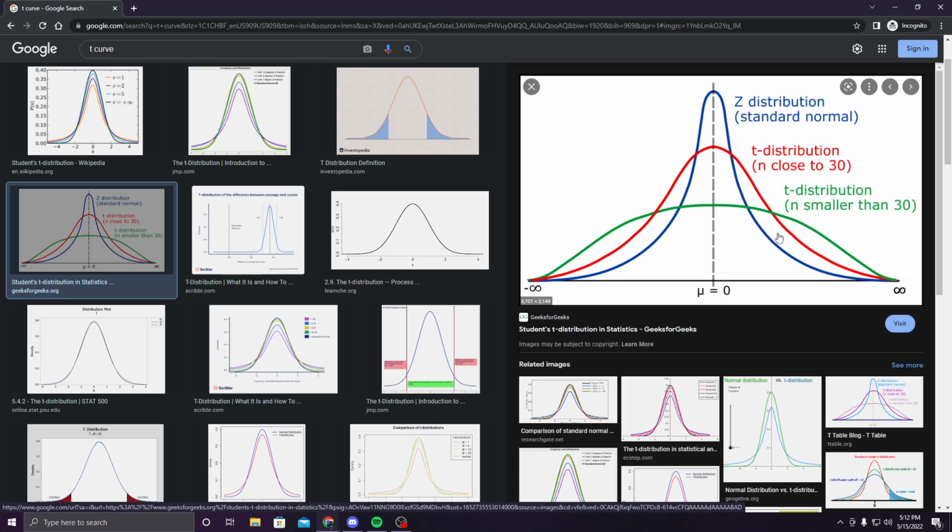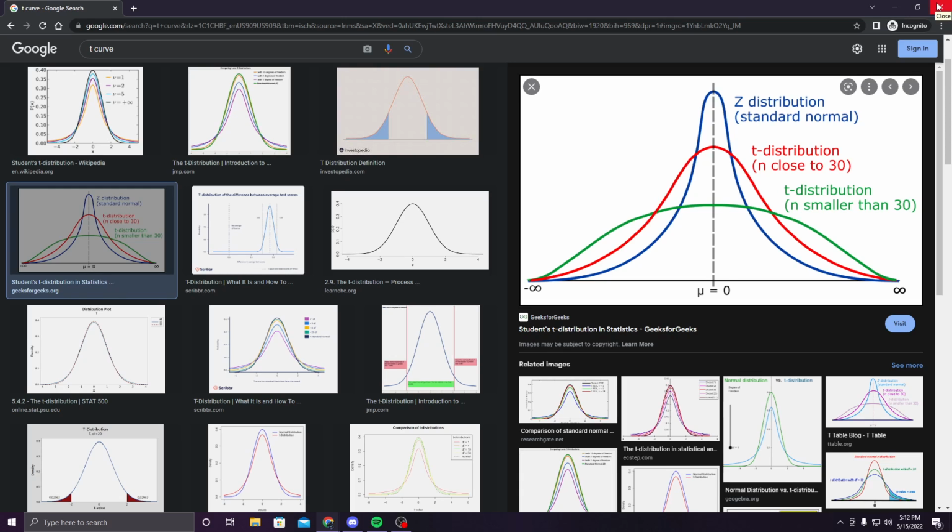And as n increases toward 30, the T distribution gets closer to the Z distribution. To a certain point, it's very similar to the Z-test. But it is important to know that it's different and it will give you different results. So that's that.